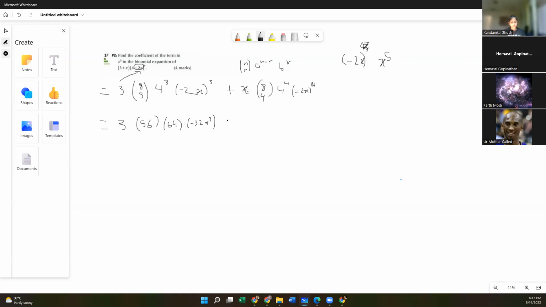And then plus, we already have x. 8 factorial over 4 factorial times 8 minus 4 factorial is going to get you 70. You can do the math with this later if you want. 4 to the power of 4 is 256. And then lastly, negative 2x to the power of 4 is 16x to the power of 4.